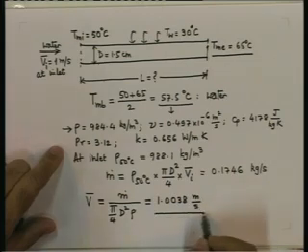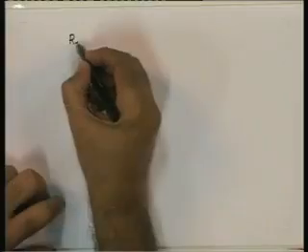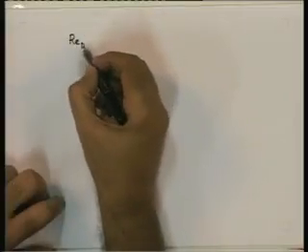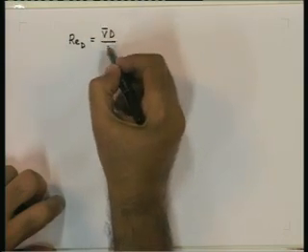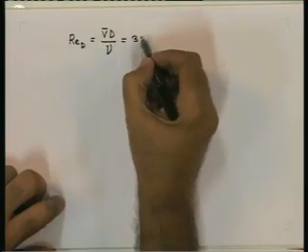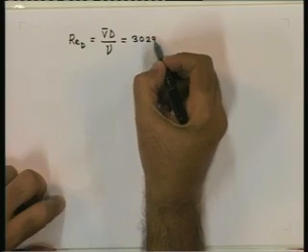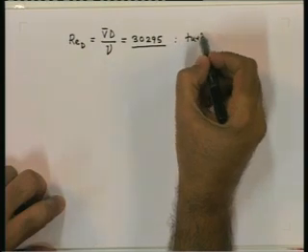It is this velocity which is determined at mean properties that we will be using to determine the Reynolds number. The Reynolds number is now calculated as V bar d by nu, that turns out to be 30295, which is well in the turbulent zone.